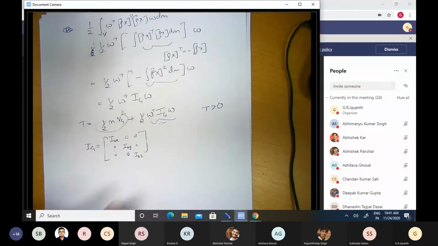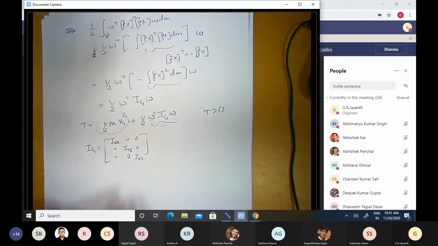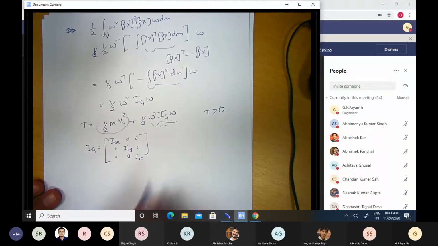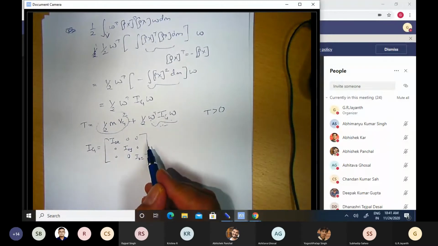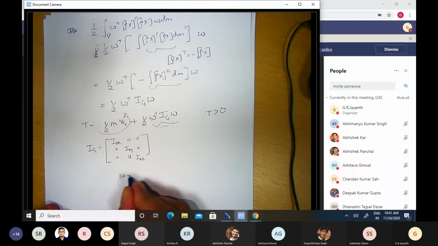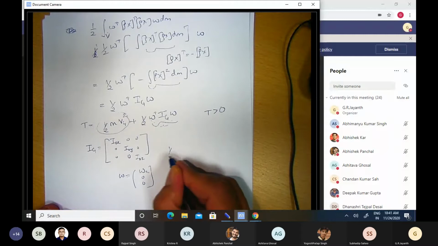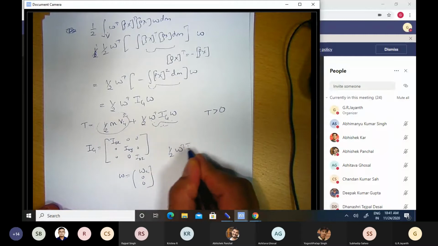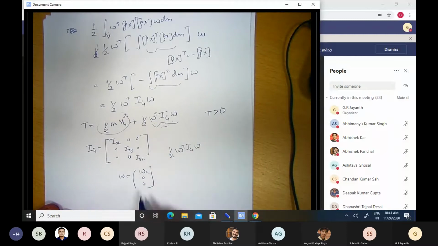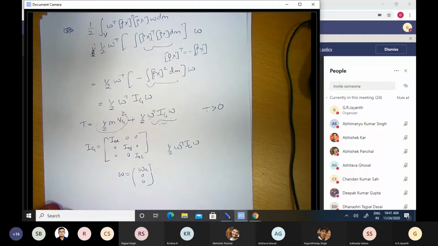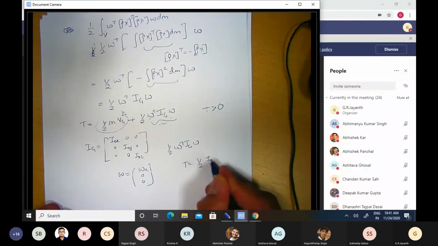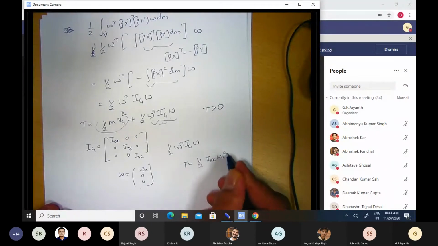Now suppose I were to choose omega to be a vector aligned only along the x-axis. In other words, if I choose omega to be of the kind omega x, 0, 0, then if I compute half omega transpose Ig omega with this particular special structure for Ig, I will get the kinetic energy for that particular case to be equal to half I0x omega x square.